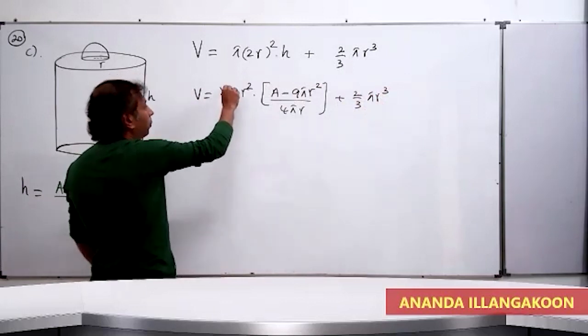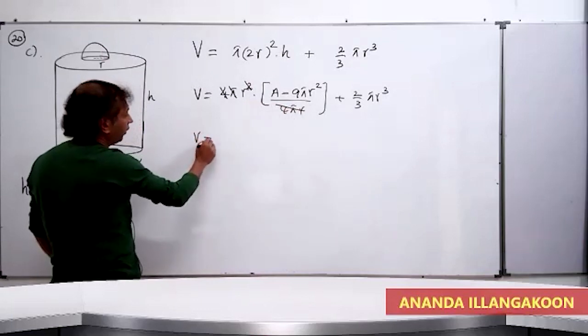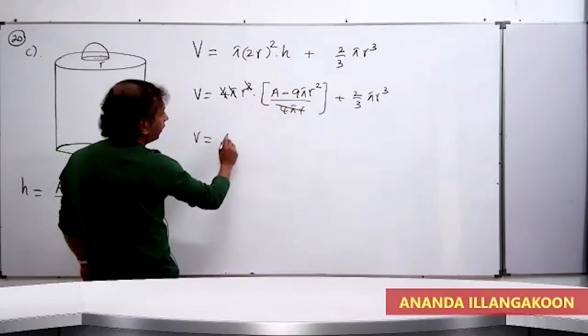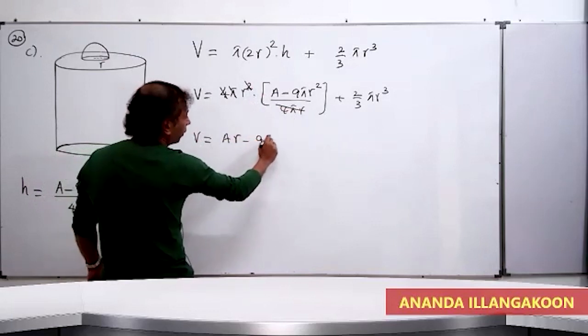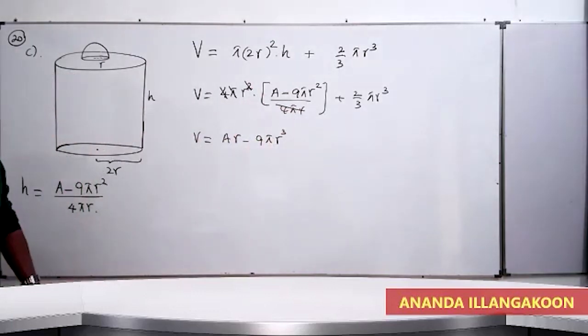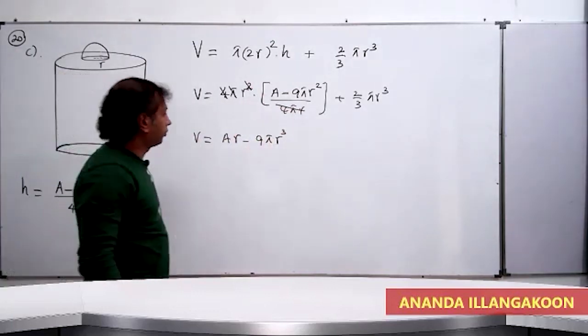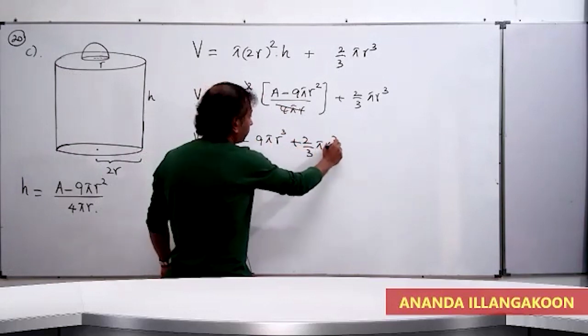Here 4 pi and r cancel. Here we get A times r over 4 minus 9 pi r cube over 4, plus two-thirds pi r cube.